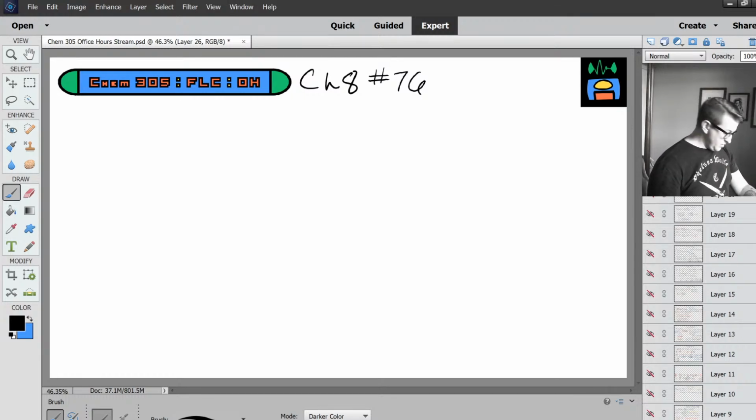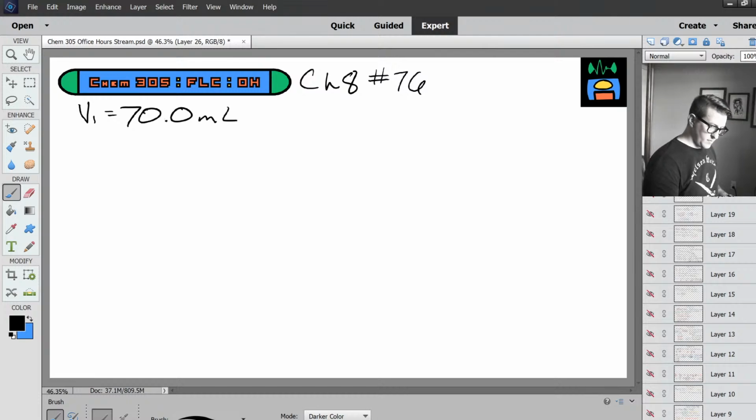Okay, so what this problem tells us is V1 is 70. And then 50 milliliters are added, so V2 is 70 plus 50.